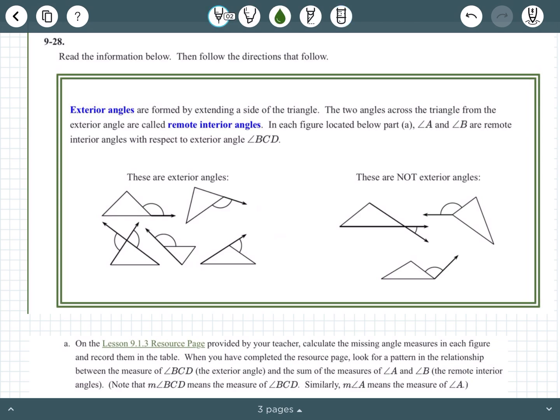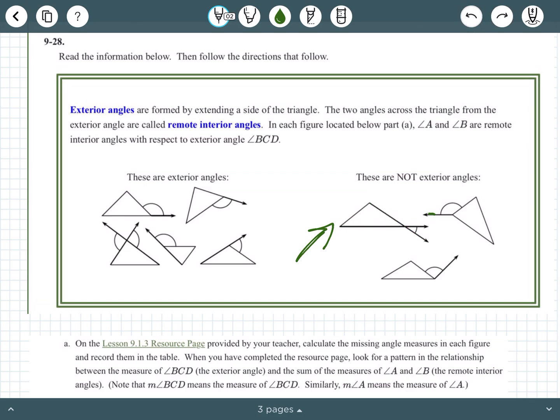Now they give you some examples of angles that are not exterior angles. If you look at this one right here first, you'll notice that they've extended a line, but it's not straight with any of the sides of the triangle. So that does not work. With this one right here, they've extended two sides of the triangle.